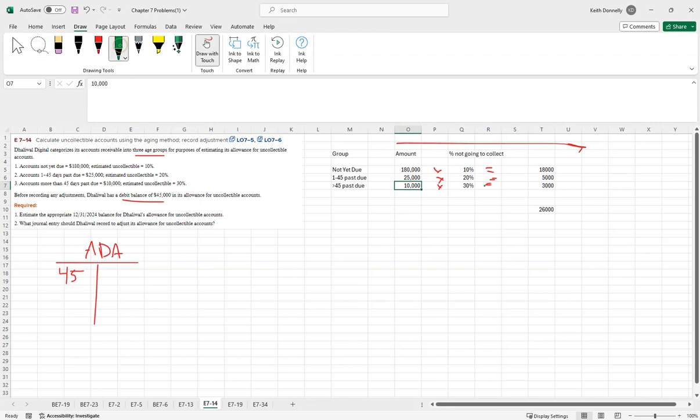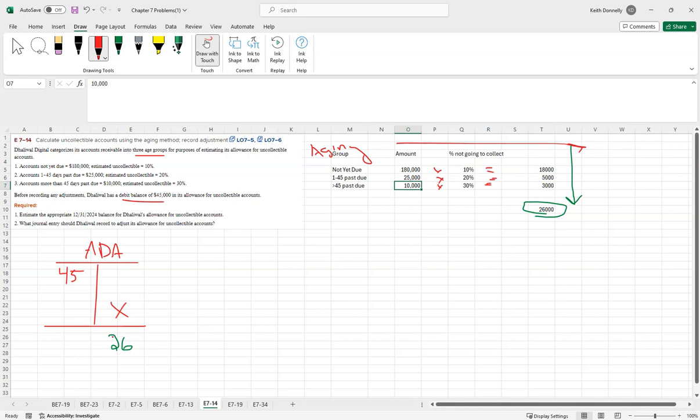What ends up happening here is we go to the right, then we go down. This becomes the ending balance over here, what it should be. So we have our beginning, our ending, and then what that ends up being. If we know our beginning, our ending, and the aging method, the X is over here. So it's going to be 45 plus X gives you 26.